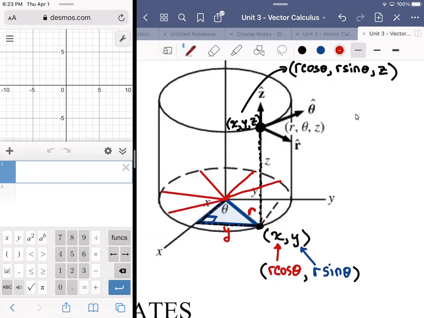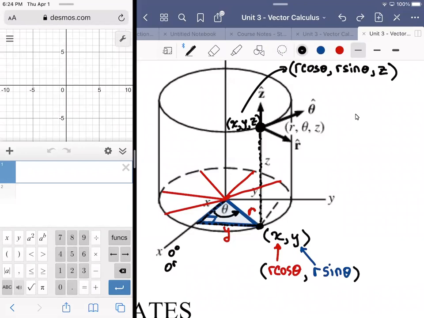If I say we're going out r units, following the angle of theta from the x-axis, which is 0 degrees or 0 radians, then I've gotten to the same location as x, y.